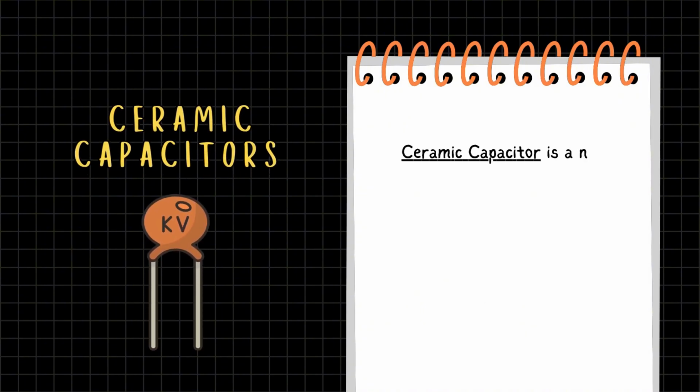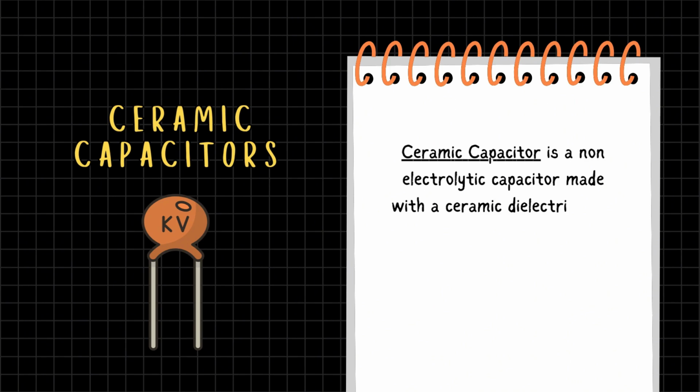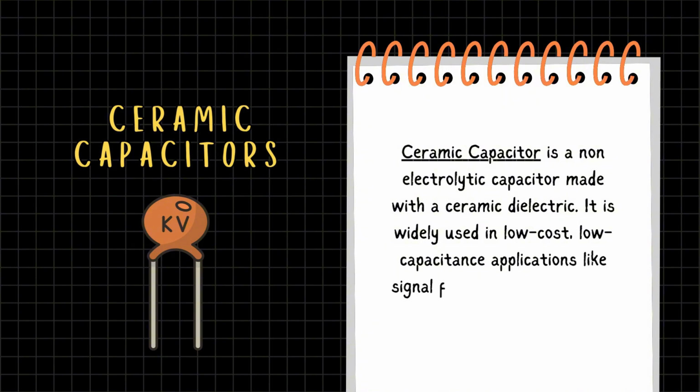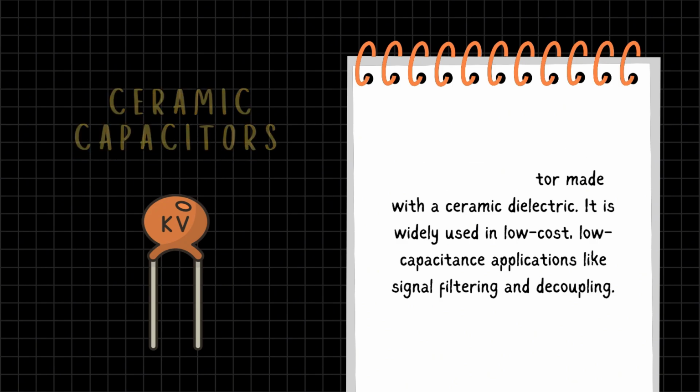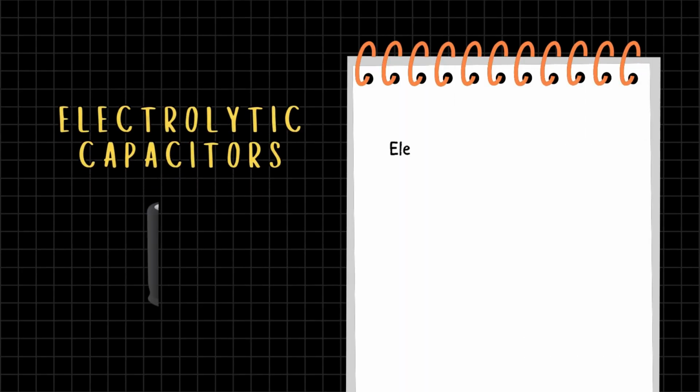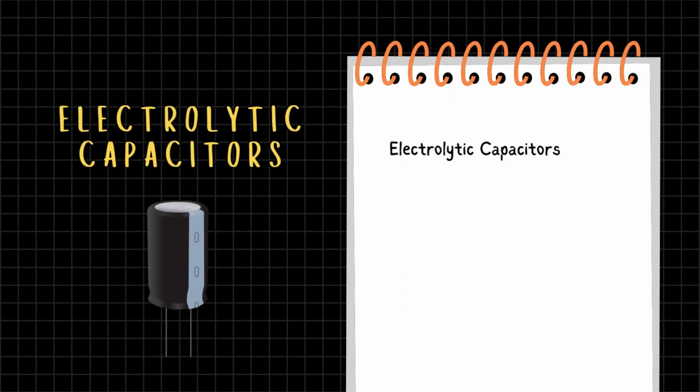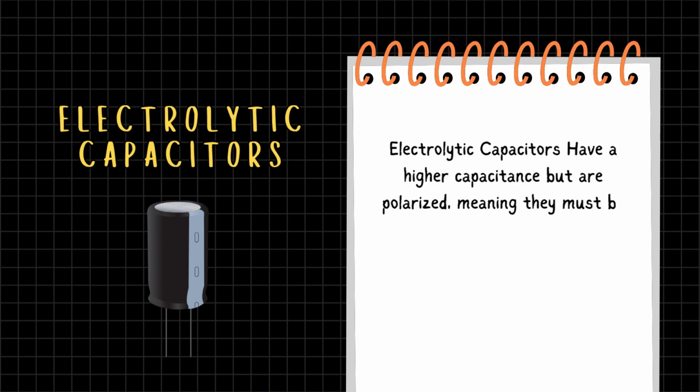A ceramic capacitor is a non-electrolytic capacitor made with a ceramic dielectric. It is widely used in low-cost, low-capacitance applications like signal filtering and decoupling. Now, what are electrolytic capacitors? They have a higher capacitance but are polarized, meaning that they must be installed with the correct polarity.